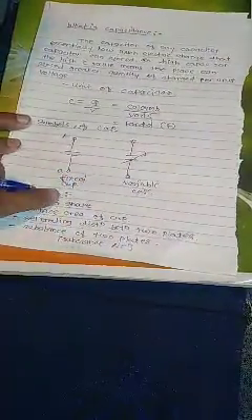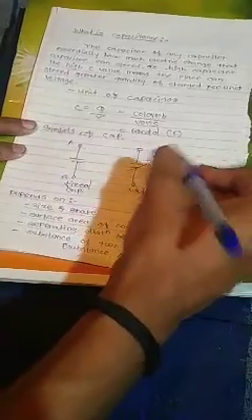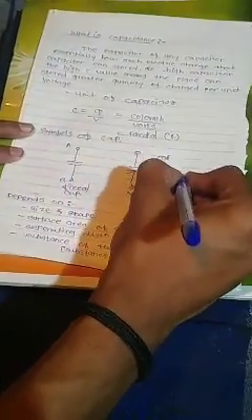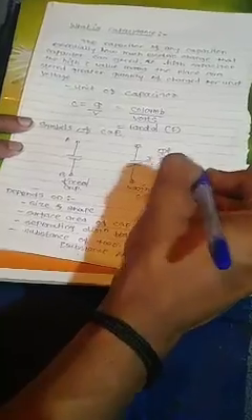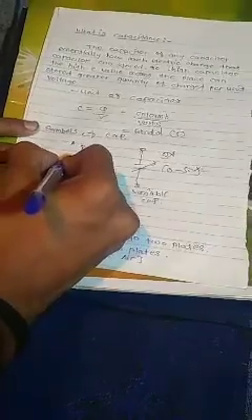A fixed capacitor means the value of capacitance is fixed, and a variable capacitor means the capacitance value can change, for example from 0 to 50 farad. This one is a variable capacitor, and that one is a fixed capacitor, whose value is properly set.